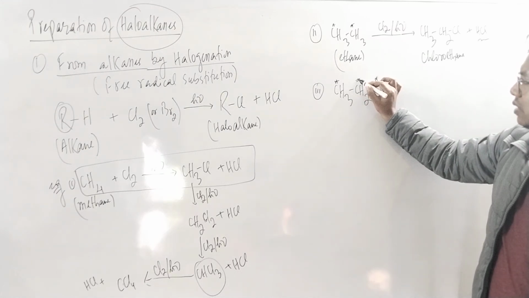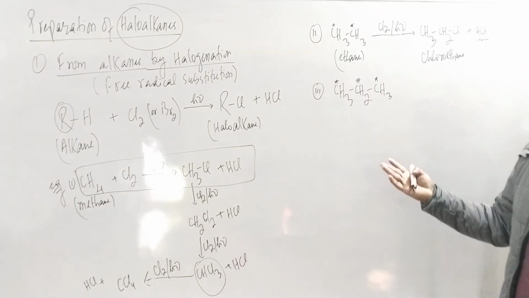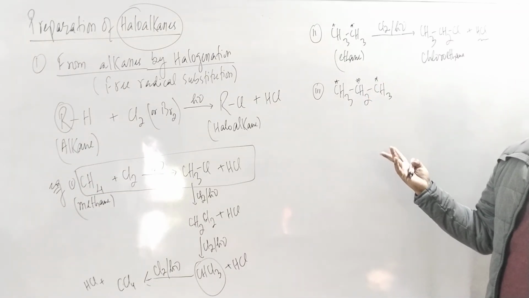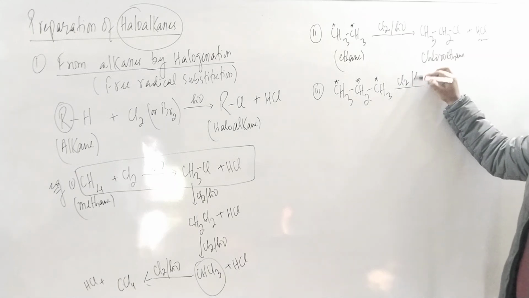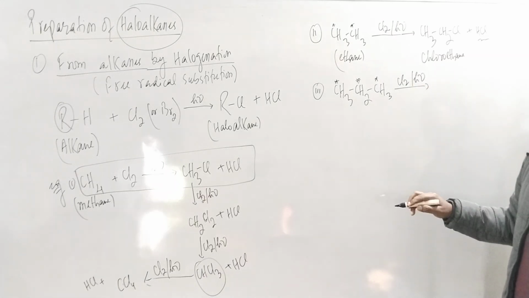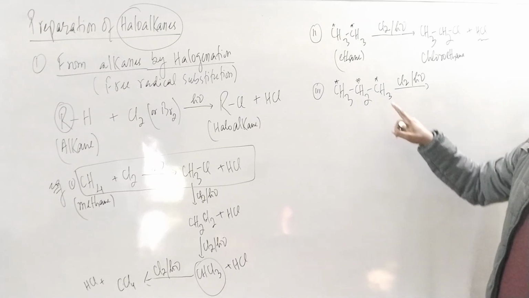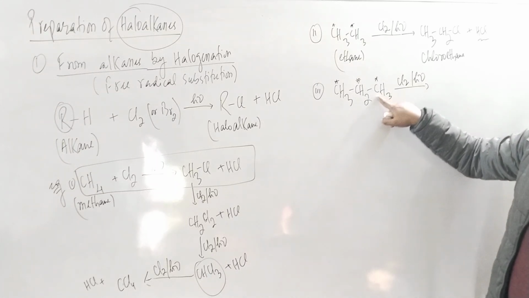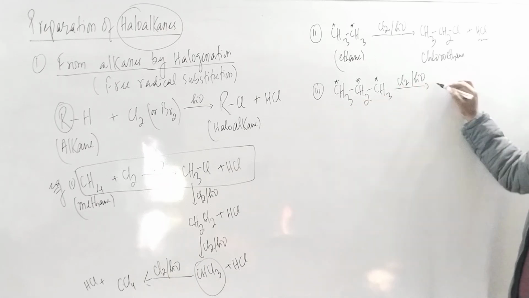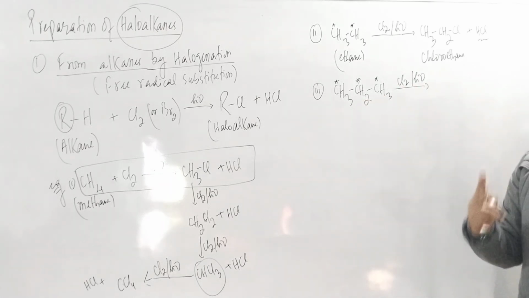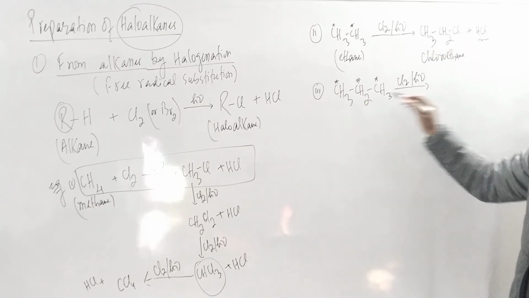This is a secondary carbon atom. So we have two different carbon atoms here. Accordingly, when chlorination is done in presence of light, substitution can be done either to this carbon atom or to this carbon atom. This and this are same. So we will get two different alkyl halides.